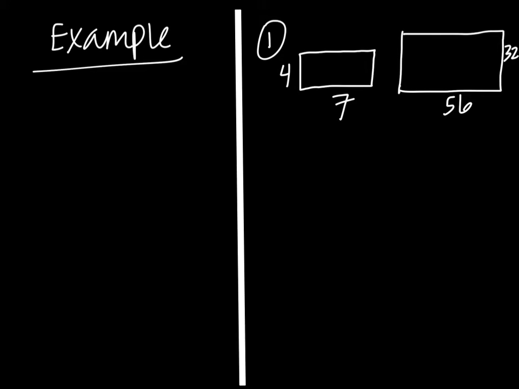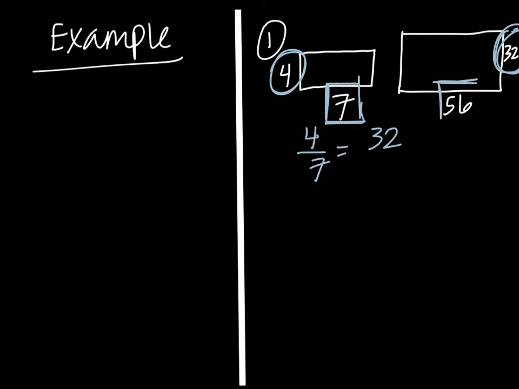Alright, so this first example, we have these two rectangles. First rectangle has sides of 4 and 7, so that'll be the first fraction. Okay, so side 4 corresponds with side 32 of the other rectangle. 7 corresponds with 56.